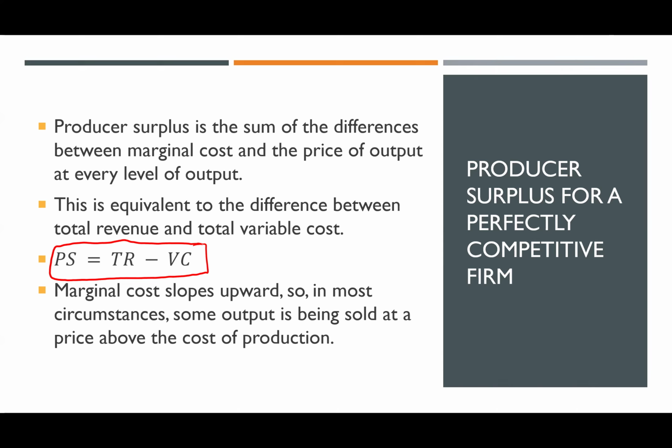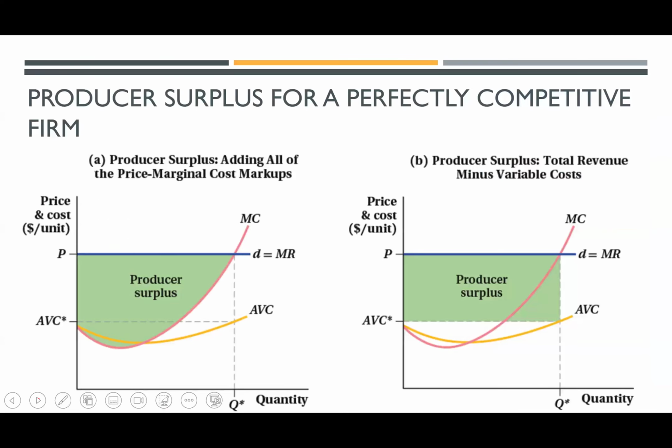Because marginal cost tends to slope upward, most firms are going to have some output that is being sold at a price above their cost of production, but some also below that. So if we look graphically, we can see this relationship of the difference between marginal cost of production, our red curve here, and the price, what the firm can sell the output at, gives us producer surplus, right?